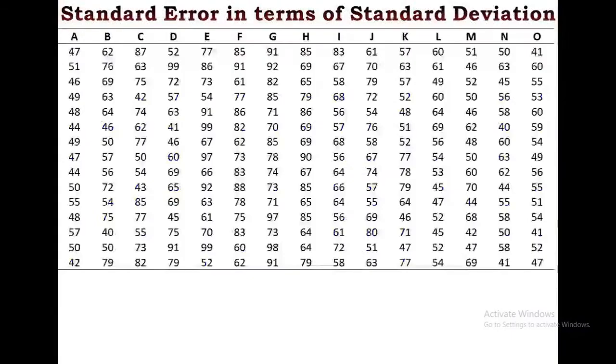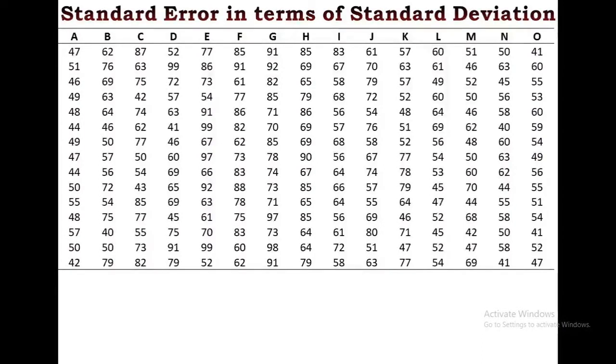Let's try to understand the concept of standard error in terms of standard deviation. The standard error is usually reported to one more decimal place than the data, or, if n is large, two more places. Standard deviation and standard error are often confused, so let's clear this up once and for all.